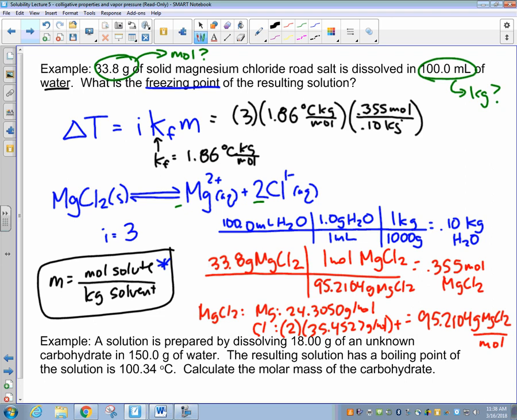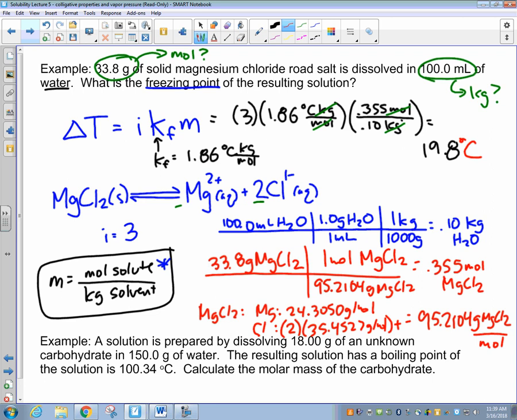Multiplying this value out gives me 3 times 1.86 times 0.355 divided by 0.1. A value of 19.8. Watching my units here. Moles cancel with moles, kilograms cancel with kilograms. This is the value of degrees Celsius.